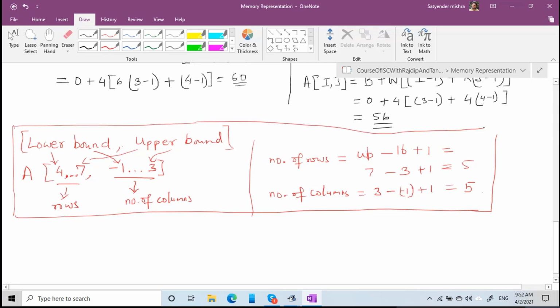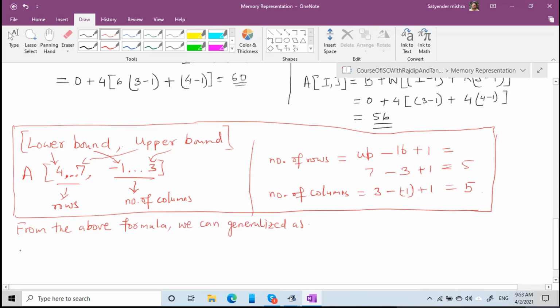So from the above results, from the above formula, we can generalize it.